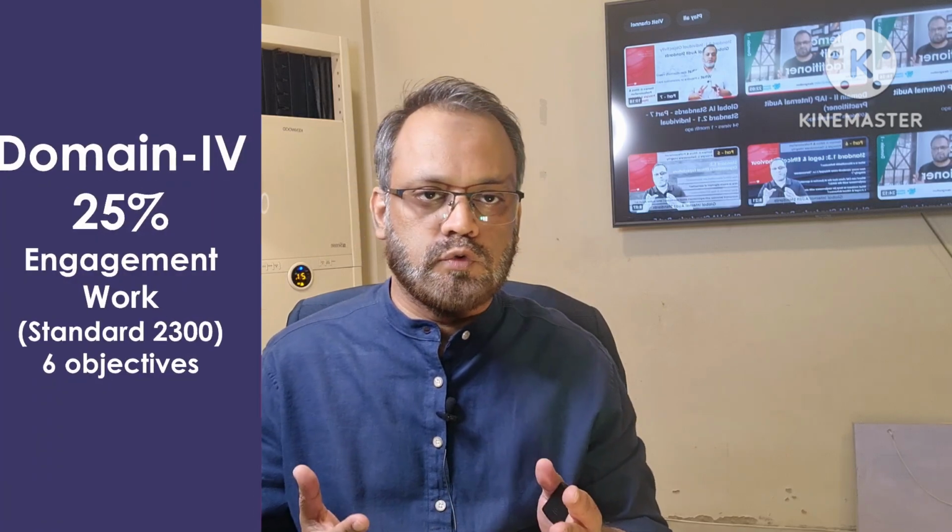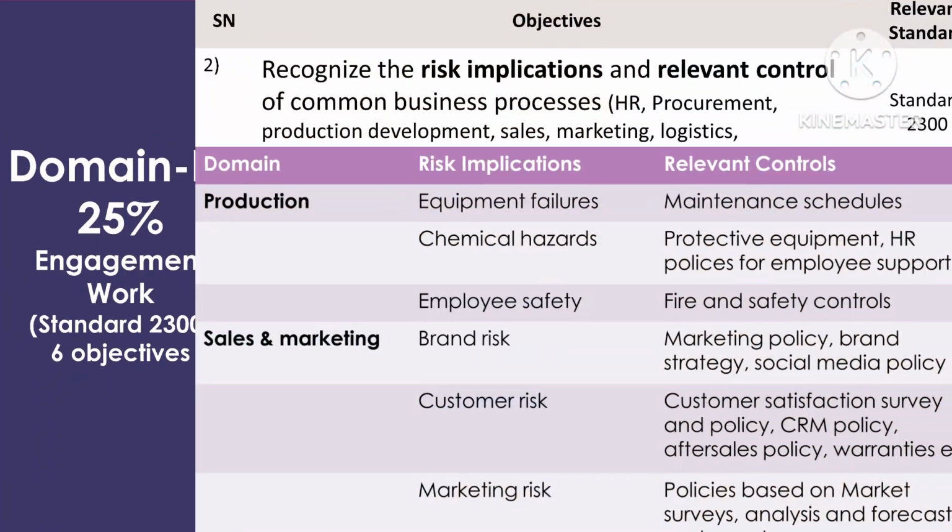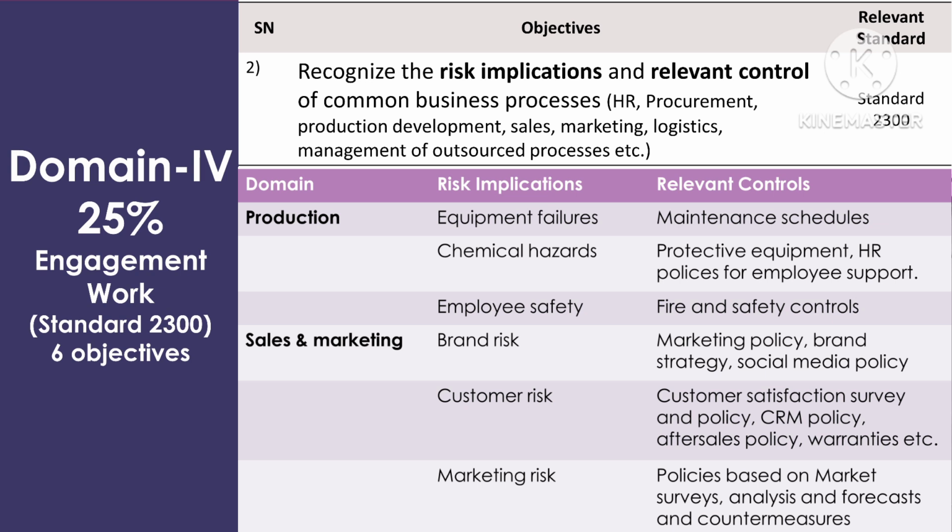Now we will see some risks of production, sales and marketing, and the relevant controls. For production, there can be equipment failures. So we need relevant controls, such as maintenance schedules for the equipment, and we should make sure we follow the schedules and timelines given by the manufacturer for the maintenance of these equipments.